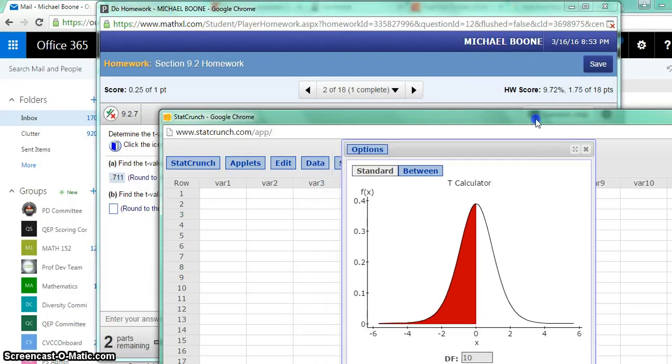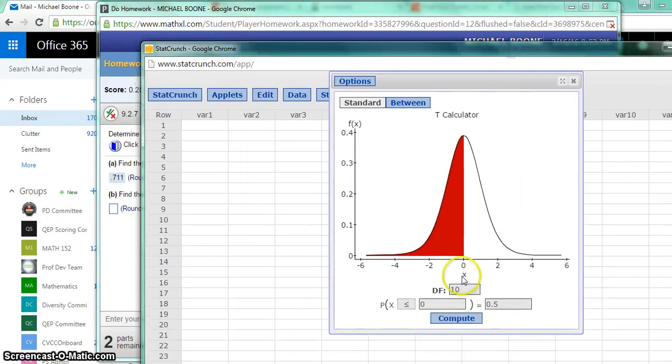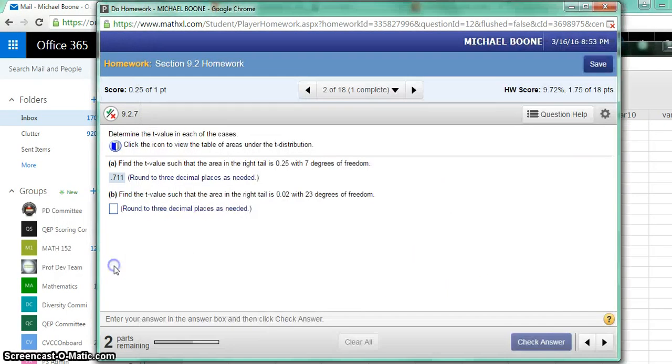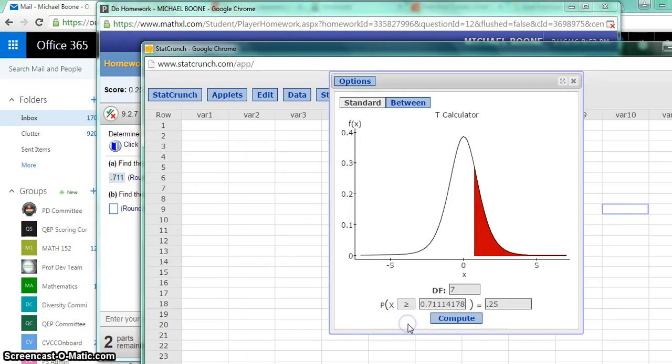We were told that the degrees of freedom is 7. And so that's really all that we need, except we want to find the t-value so that the right tail is 0.25. So the right tail is 0.25, so that would be a greater than. And then we'll get that t-value, so that means 25% is over here. So that's how we got the 0.711.